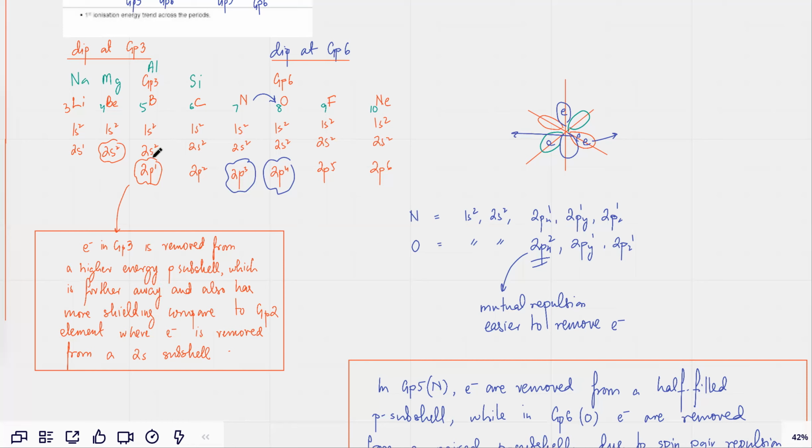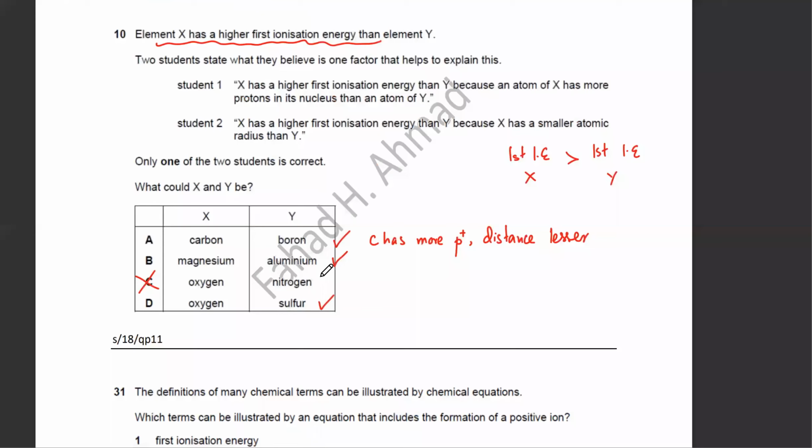So the reason is, in aluminium, the electron is removed from an orbital which is much further away, and it is more shielded. In magnesium, the electron is removed from an orbital which is less shielded and closer to the nucleus. So that's the reason why it's slightly more difficult to remove electrons from magnesium compared to aluminium. So it's the group 3 dip that you have to talk about in this case.